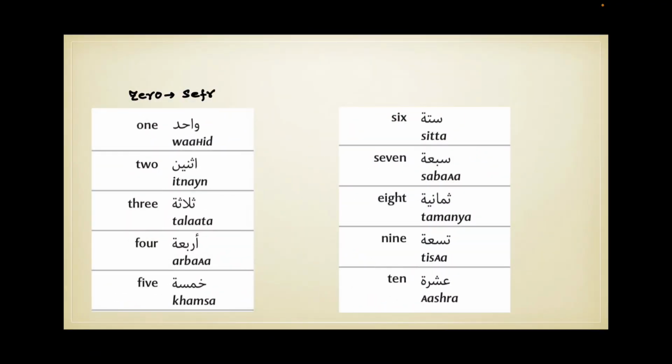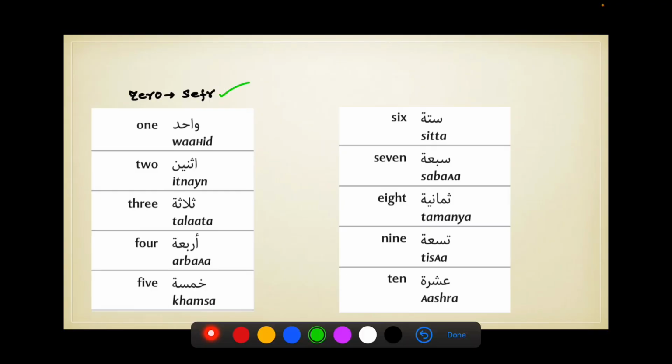Now we will talk about numbers. 0 is called sifr. 1 is wahid. 2 is itneen. 3 is talata. 4 is arba'a. 5 is khamsa. 6 is sitta. 7 is sab'a. 8 is tamanya. 9 is tisa.